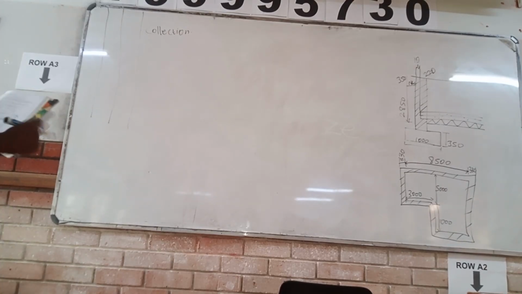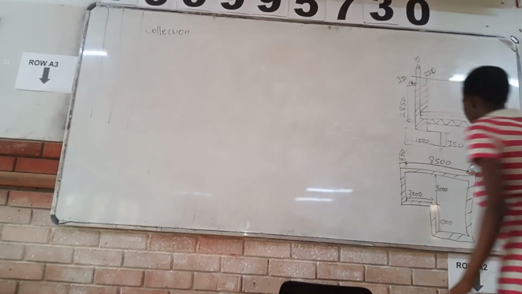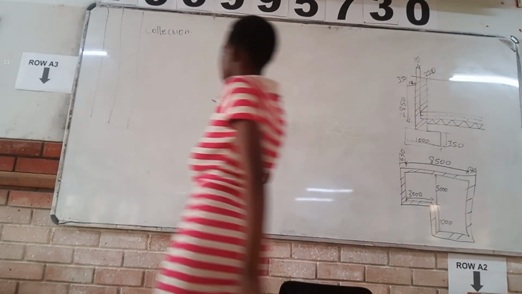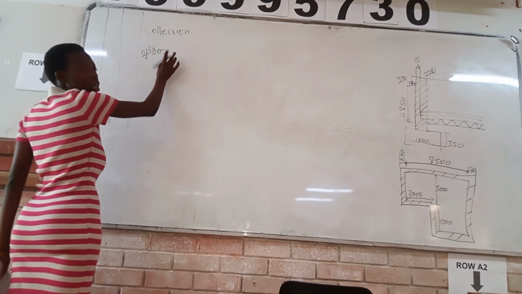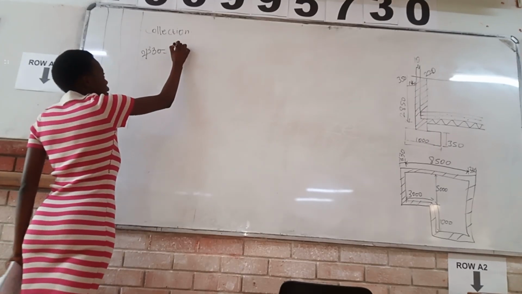So in the collection now, we are going to calculate the perimeter of this basement wall. As you can see, we have 8,500, which is internal and does not include the walls, so we need to get the total length. It's going to be 330 times 2, which is 660.